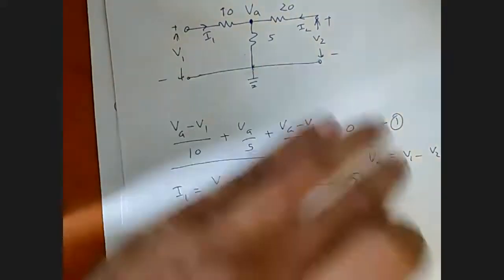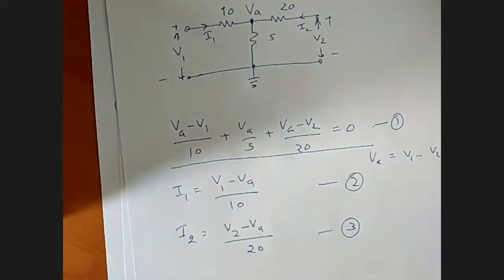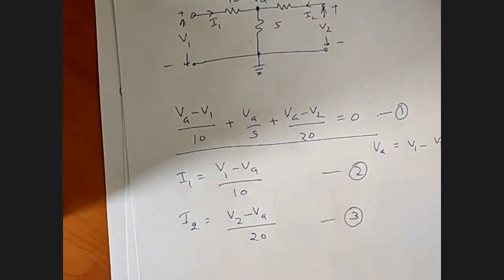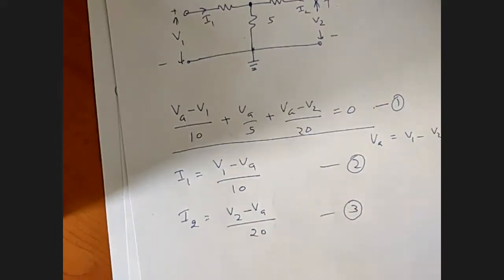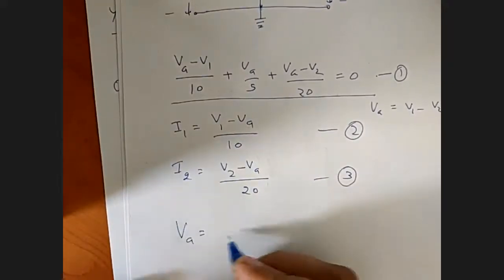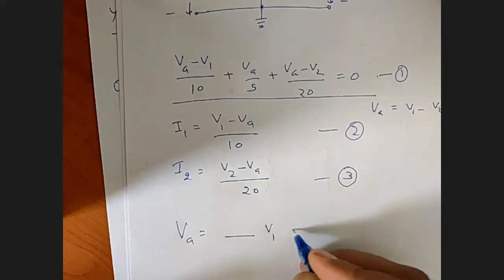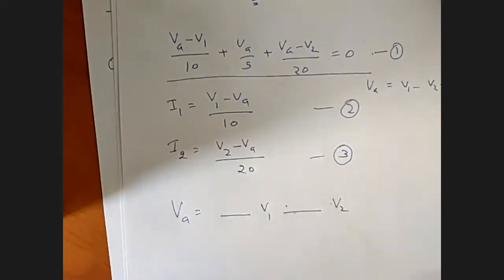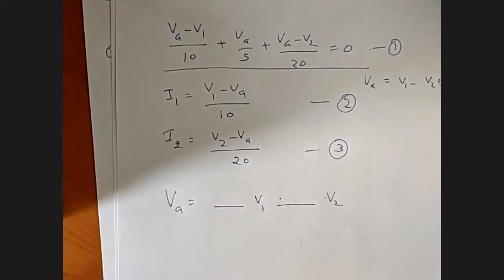And from that equation, I will put VA in terms of V1, V2 in this equation, and then solve. Do it, someone solve. What is the relation? VA will be, tell me what will come? VA will be this V1 and this V2.